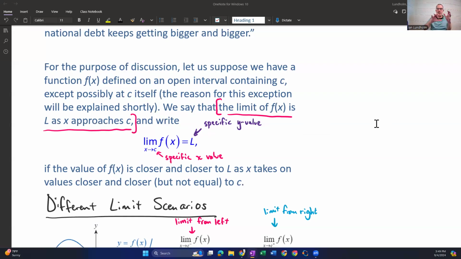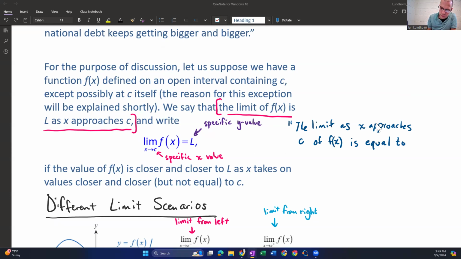Sometimes I try to read it a little bit more left to right, and I would say something like: the limit as x approaches C of f of x is equal to L.